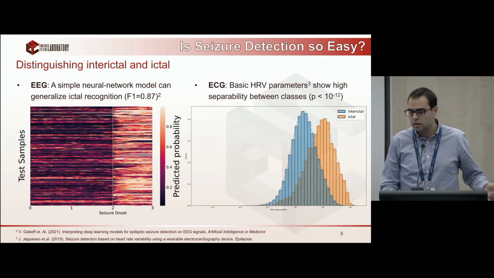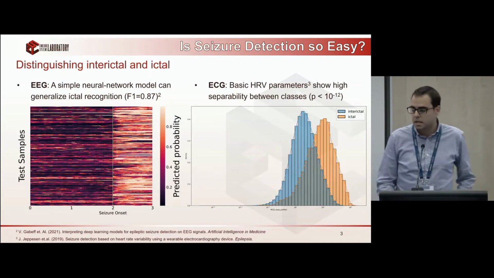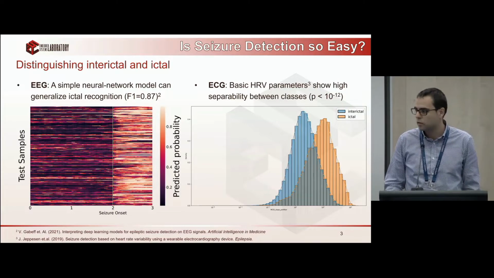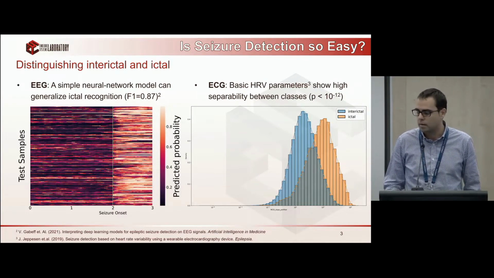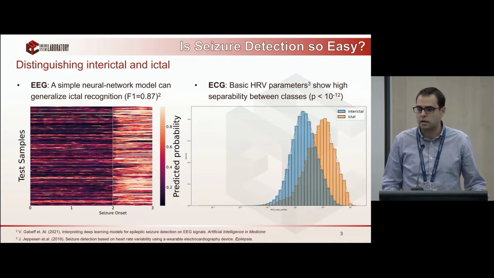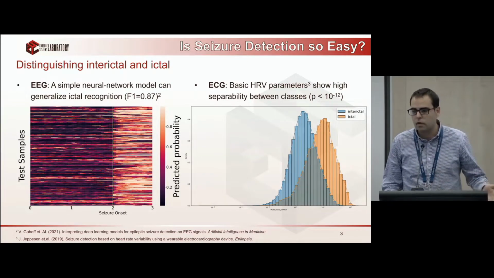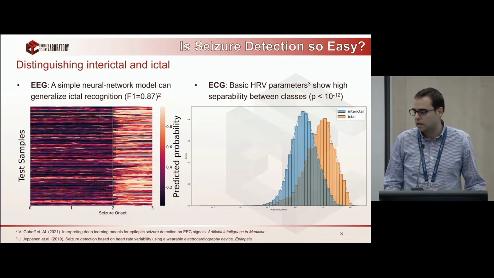On the other hand, we can see that from ECG, if we see the distribution of a common feature extracted from the heart rate variability, the cardiac sympathetic index, we can see that the distribution during interictal and ictal is actually quite different. So if you are a machine learning practitioner and you find a couple of features like this that are not correlated, basically you are done.